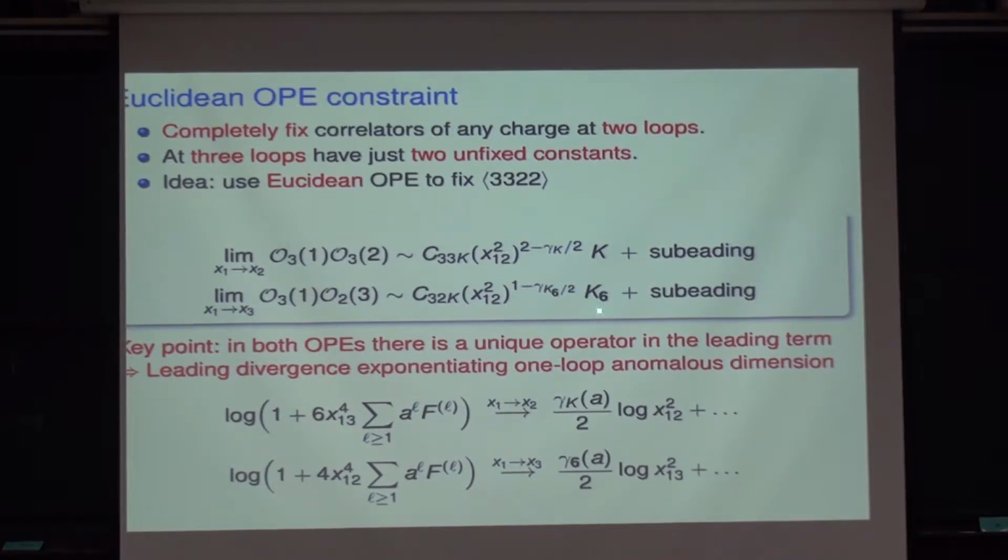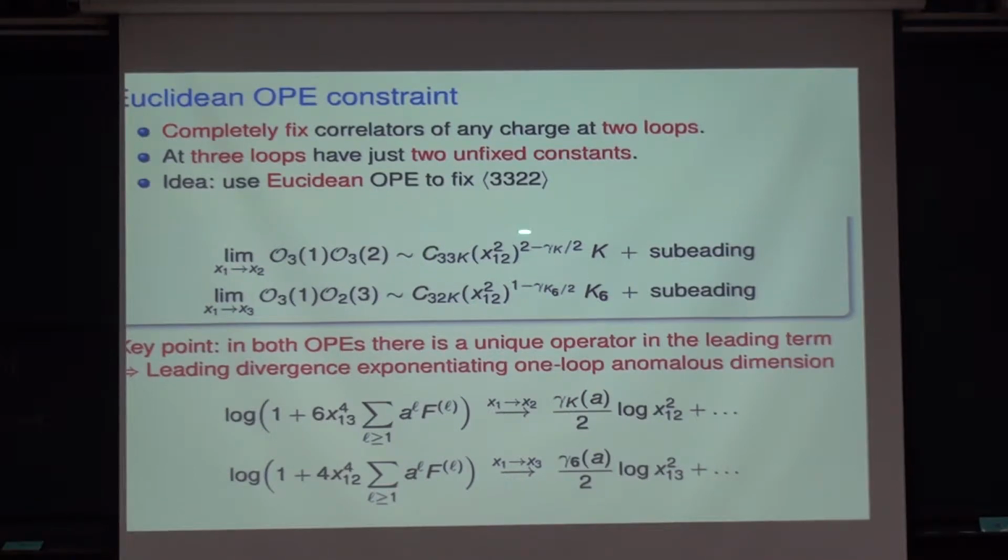This operator, K6, is a generalization of Konishi. It's just trace phi^I phi dot phi, so it's in the 6th representation of SO(6). And the key point of these two OPEs is that there's only one operator with these quantum numbers.